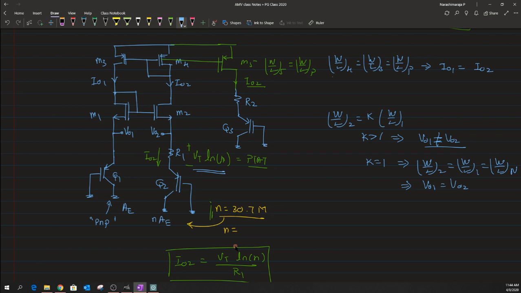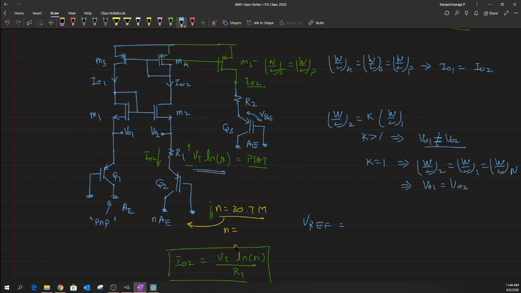The emitter area of this doesn't matter here. The only thing we are concerned with is the generation of VBE alone. So in this case, I could have the same emitter area, it doesn't matter. Now having got this, I have generated a VBE potential in order to have our V reference out of this Q3 structure.